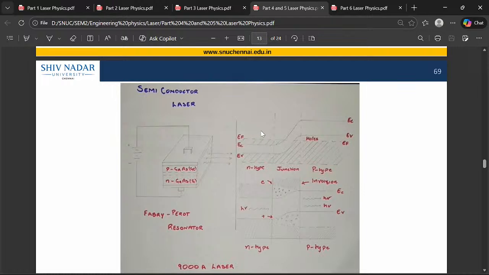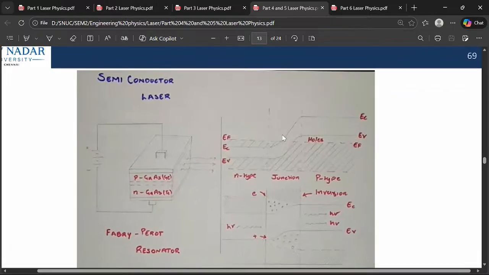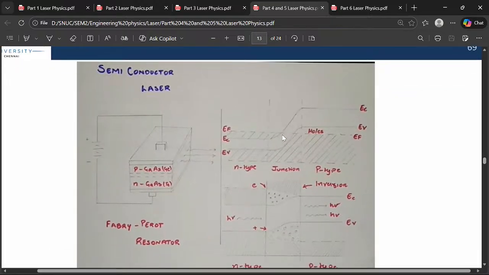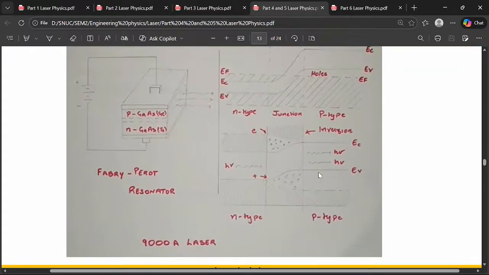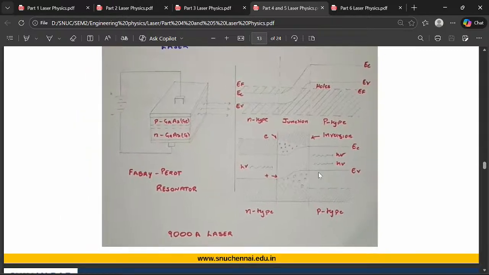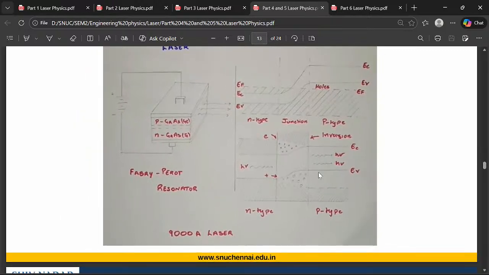This is how the band gap of a semiconductor is presented, with P type and N type. Here the N type is a step lower than the P type, as you can see. But when we do forward bias, the junction collapses, so the Fermi level gets raised.